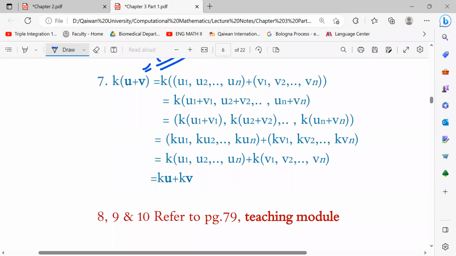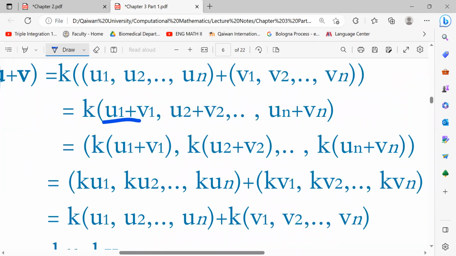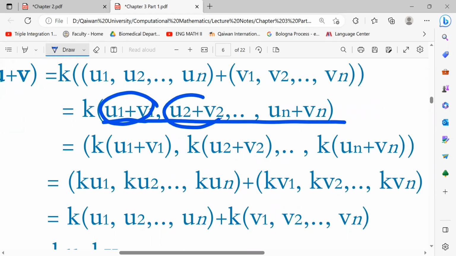Look, it's first adding u and v, and then multiplying k by this vector. Here, we multiply all elements in the vector. If we multiply k by this vector, we multiply this one by k, this one by k, up to this one by k. We get this.